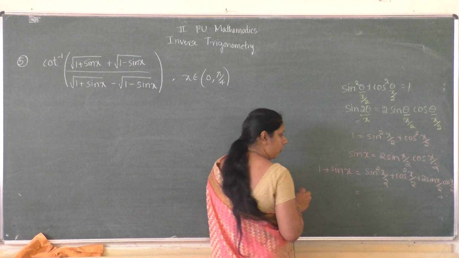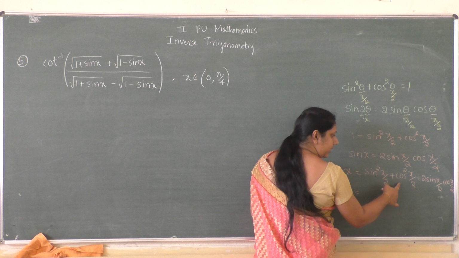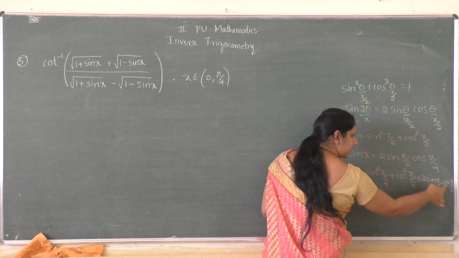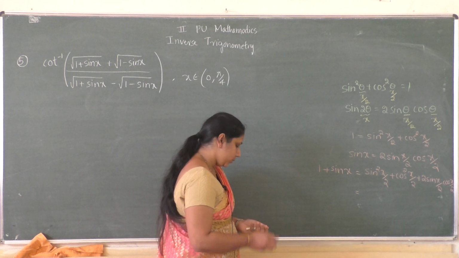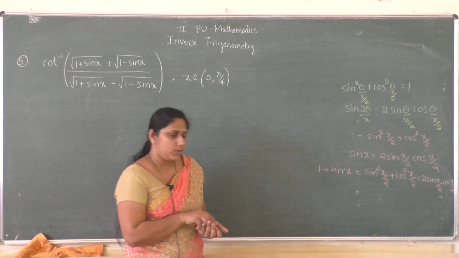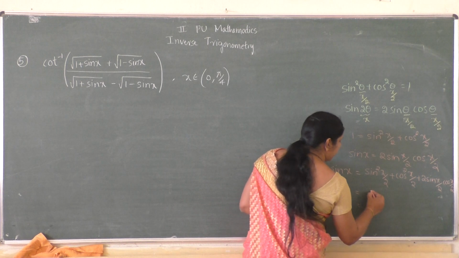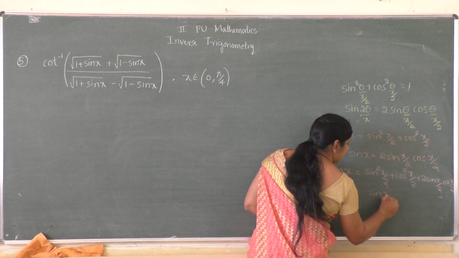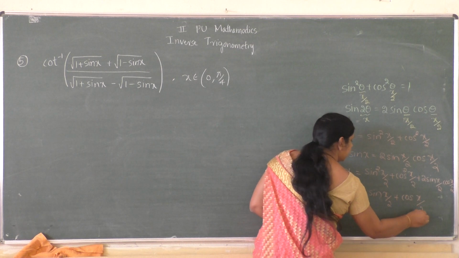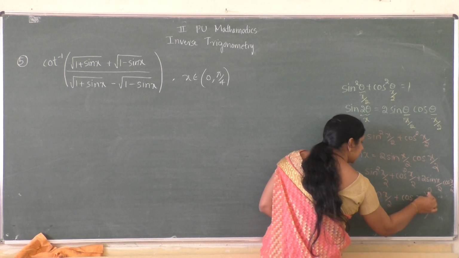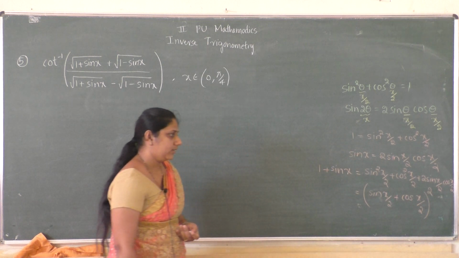It is of the form a square plus b square plus 2ab, that means a plus b whole square, right? A square plus b square plus 2ab means a plus b whole square. So this can be written as sin x by 2 plus cos x by 2 whole square, right?